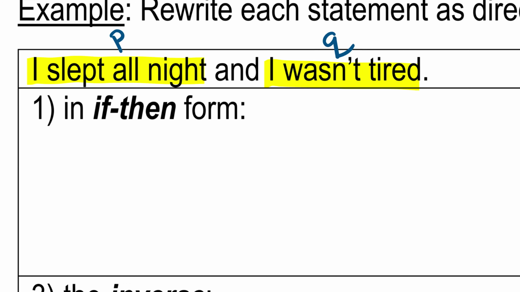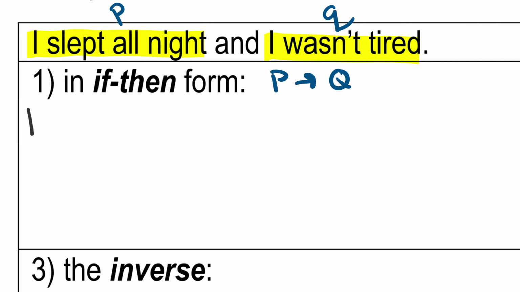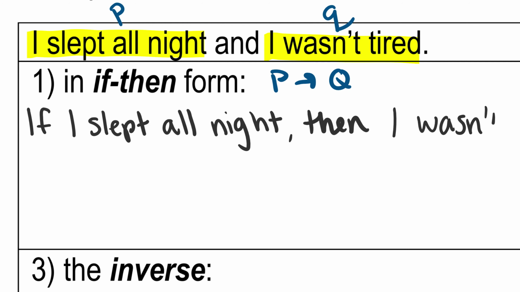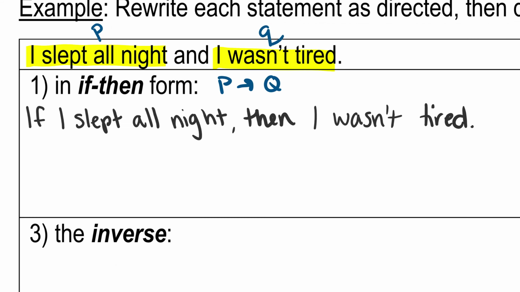So if-then, I'm going to do P, then Q. So the way I would write that is if I slept all night, so that's if P, right? Then I wasn't tired. So if P, then Q. If I slept all night, then I wasn't tired.